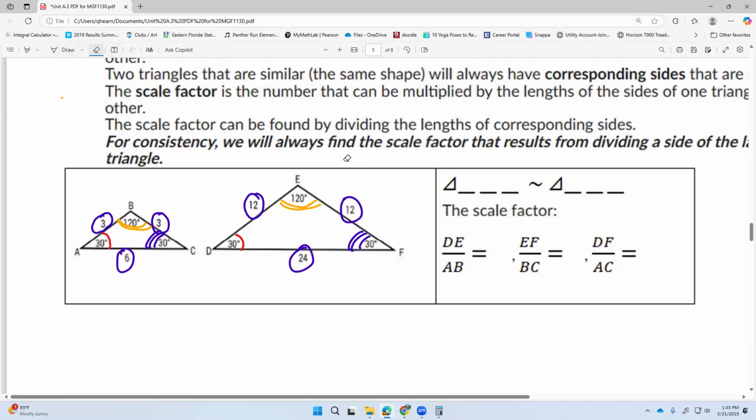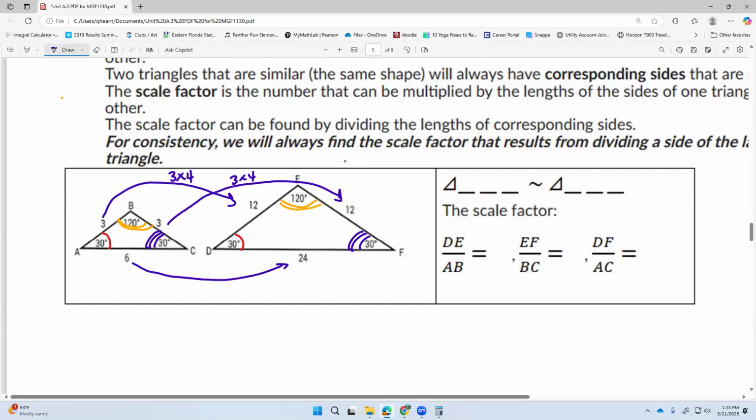Again, what number would you have to multiply each of the numbers in the small triangle by to get the values that are the lengths of the sides of the larger triangle? So you probably said 4, right? 3 multiplied by 4 is 12. Again, 3 multiplied by 4 is 12. And 6 multiplied by 4 is 24.